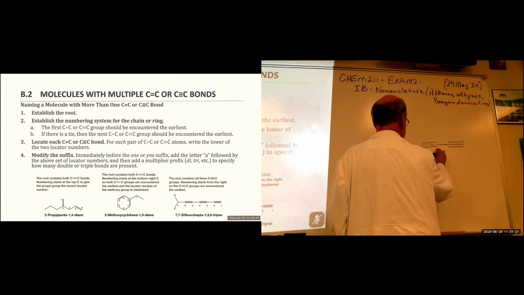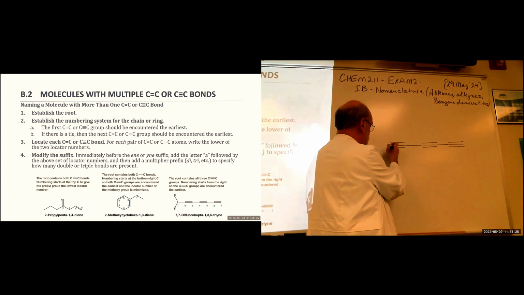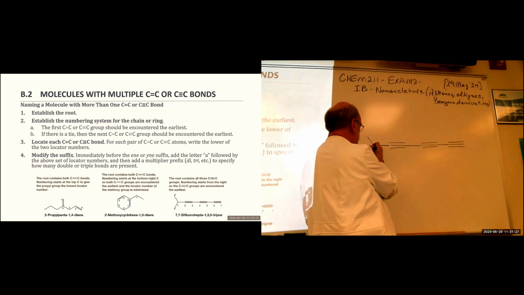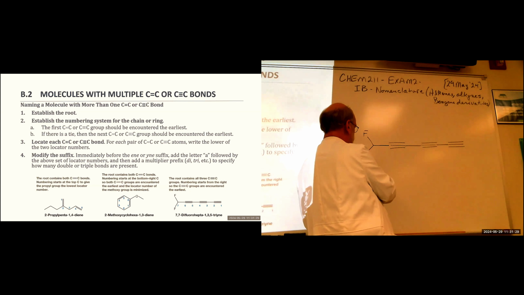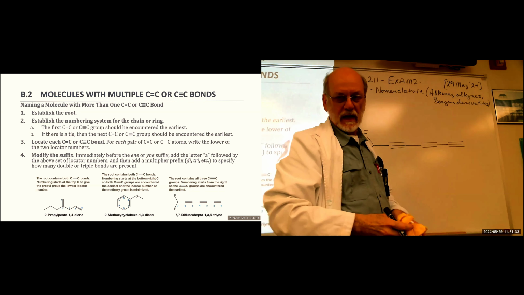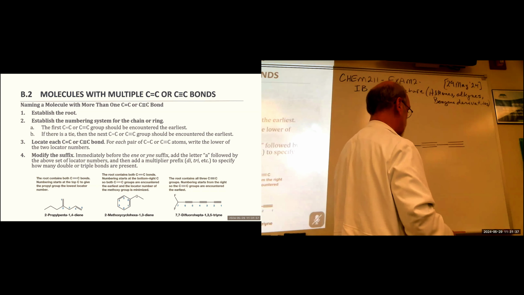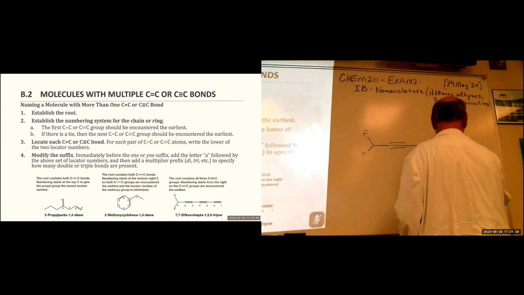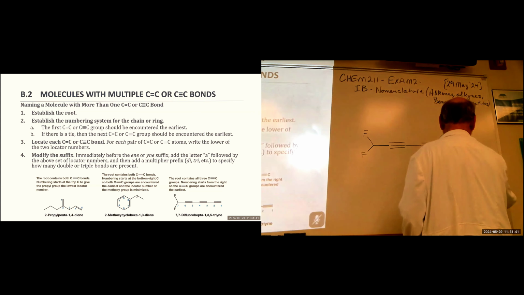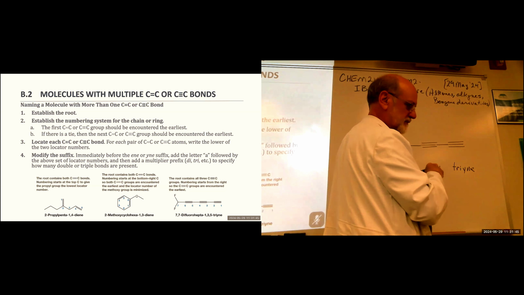That's 1, 2, 3, 4, 5, 6. And a branch to fluorine, right? Yep. Okay. This one's a triene. 1, 2, 3 triple bonds.